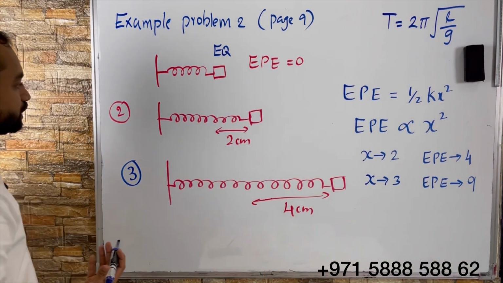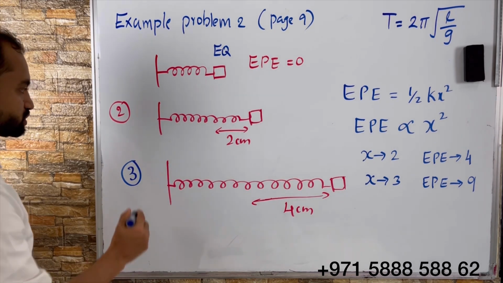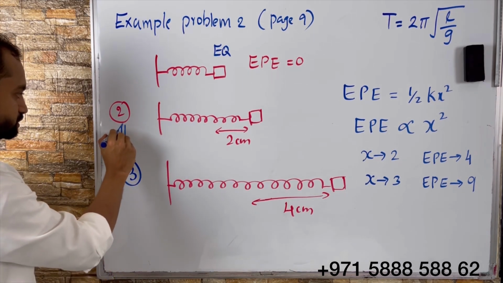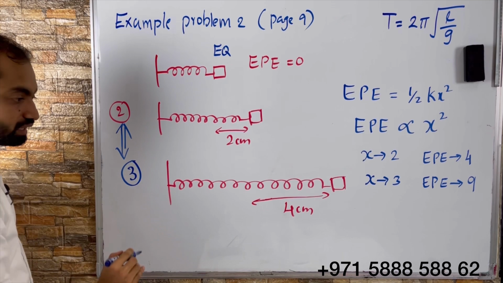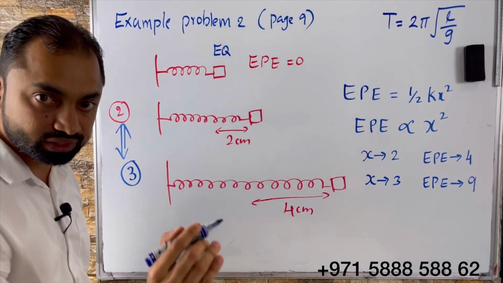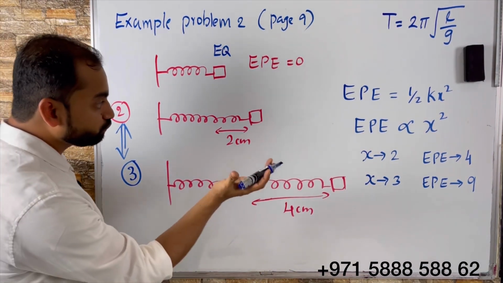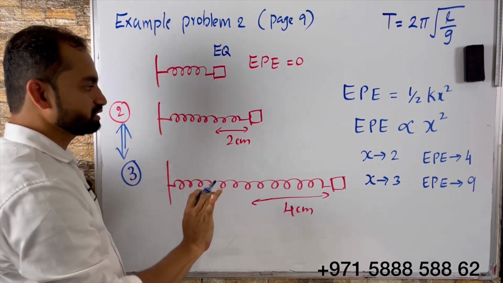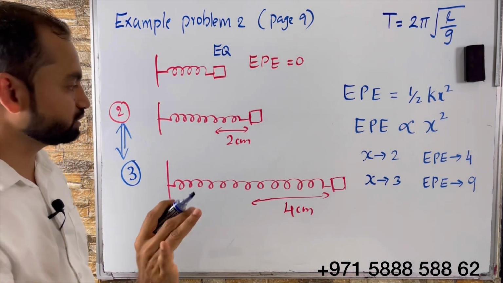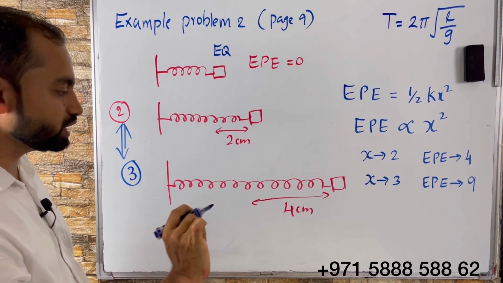So how to compare the elastic potential energy between these two springs? The elastic potential energy of spring 3 will be 4 times greater than that of spring 2. Why?